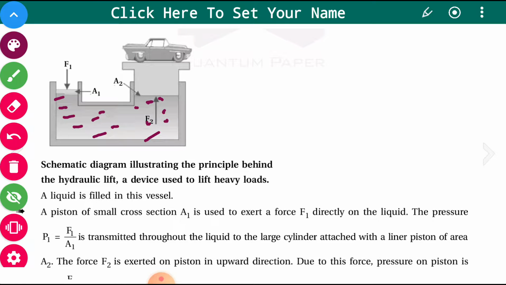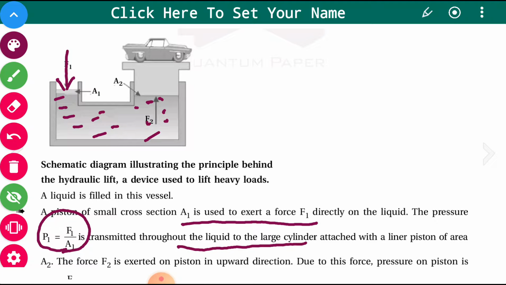Now a piston of small cross section A1 is used to exert the force F1. The pressure produced here is P1, equal to F1 upon A1, and it is transmitted throughout the liquid to the large cylinder with a piston of area A2.